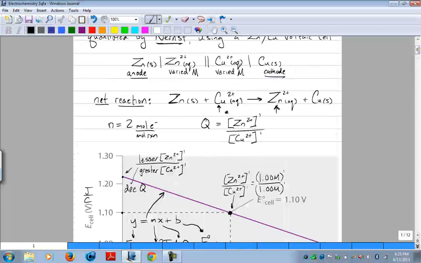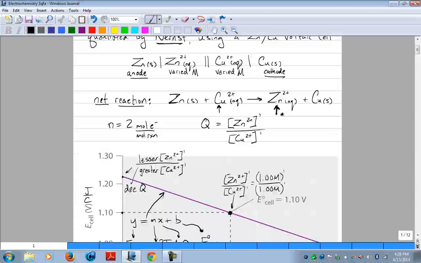What's going on kinetically there? By increasing the concentration of copper relative to standard conditions and decreasing the concentration of zinc cations relative to initial standard conditions, he basically sped up the rate of the forward reaction, because there was an increase in the copper 2 plus cation concentration initially, and he slowed down the reverse reaction by decreasing one of the products, the one that could alter in concentration, the zinc cation concentration.